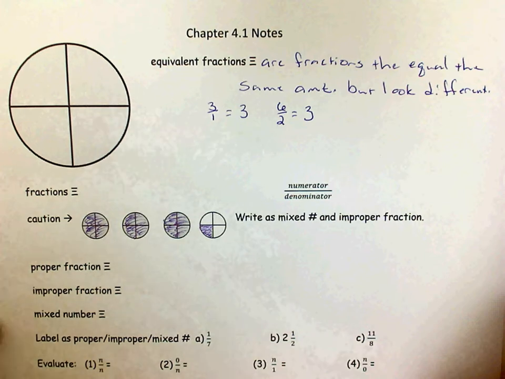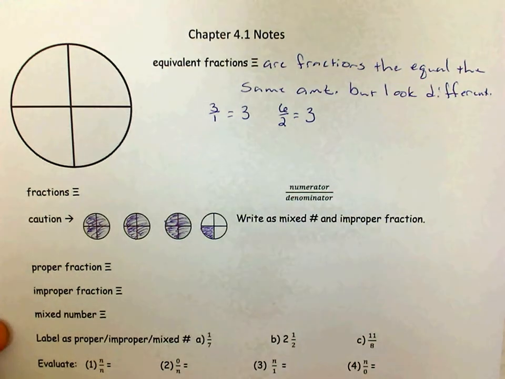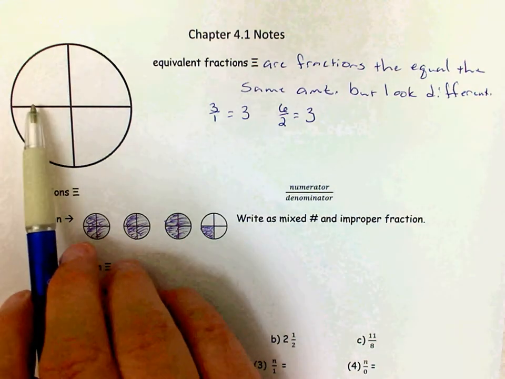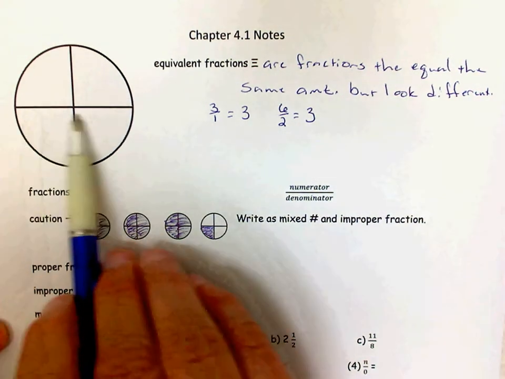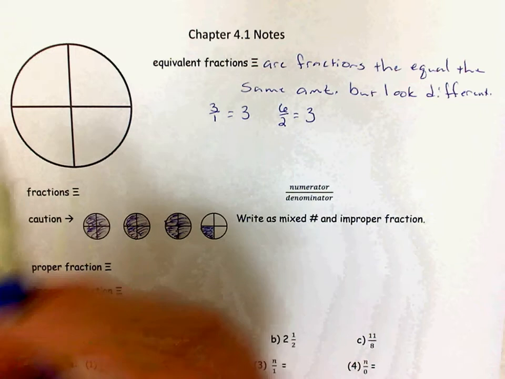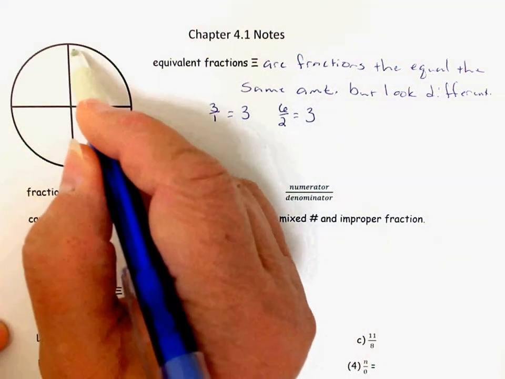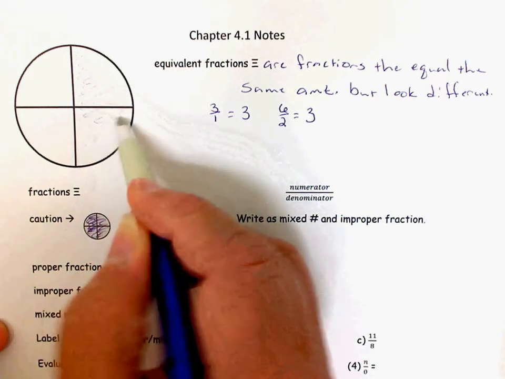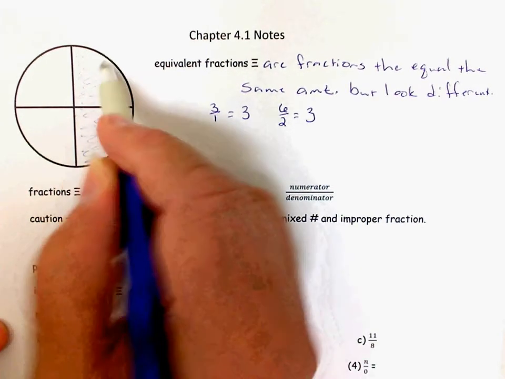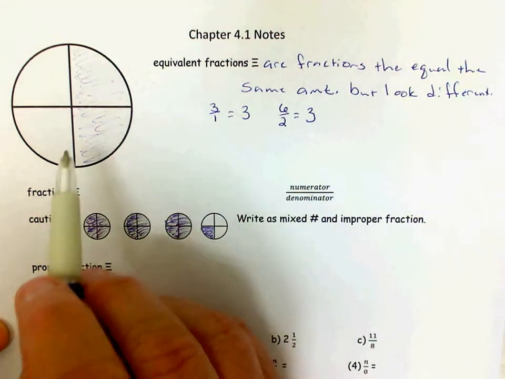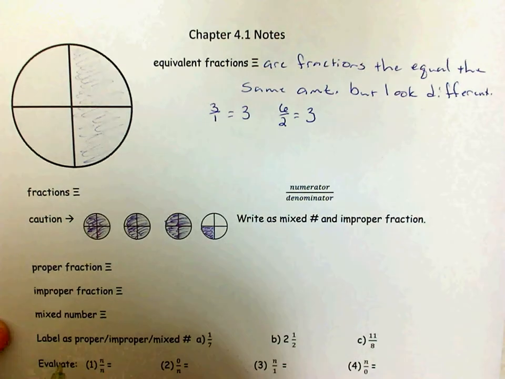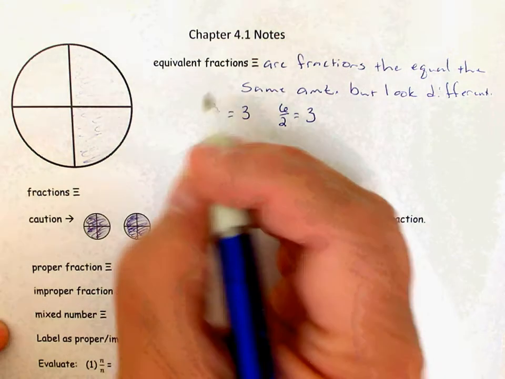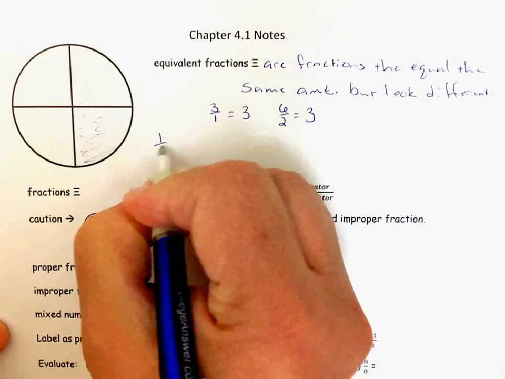Now, we're going to actually work at some equivalent fractions. Let's say this line wasn't there. I couldn't figure out how to get it without this line. But let's say there were only 2 pieces of a pizza, and you ate half of my pizza. Alright? Shame on you. But if you did, you ate 1 out of 2 pieces.